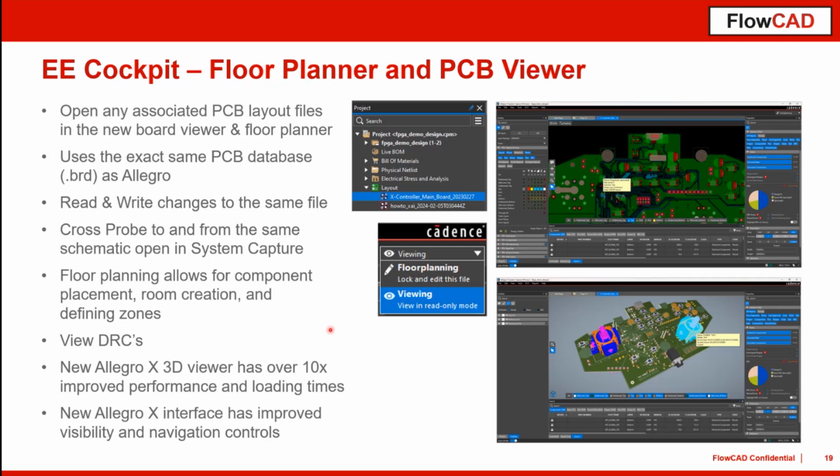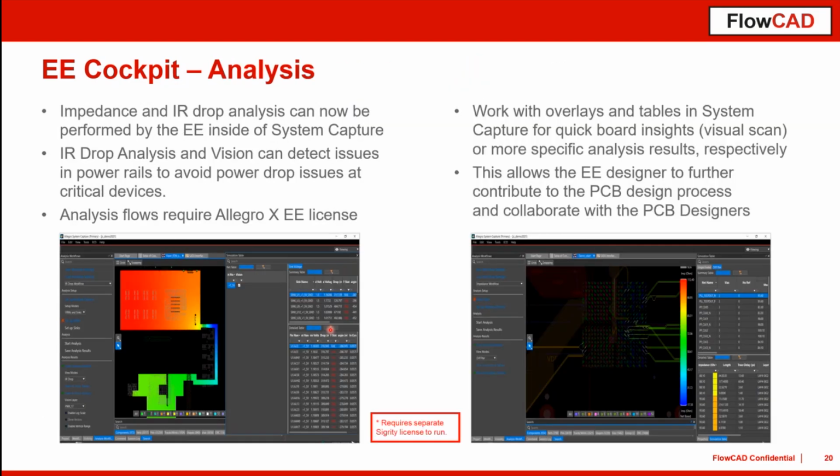Yeah, this is the floor planning PCB viewer. As you see directly in the tool, you have also the PCB viewer, and these are the analysis modes. As you already know from the backend, basically the Aurora stuff is now inside of System Capture, and you can run different analyses here, can run IR drop, impedance, coupling checks, these kinds of things.